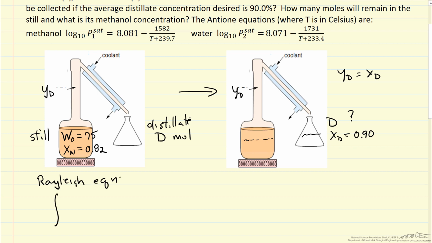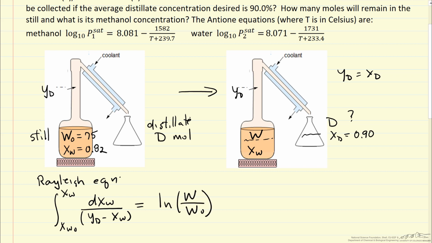And that says the integral from XW0 to XW. So when we stop, W is going to be the number of moles that are left. XW will be the mole fraction. And so dXW over YD minus XW, and that's equal to the log of number of moles when we stop over number of moles we started with.